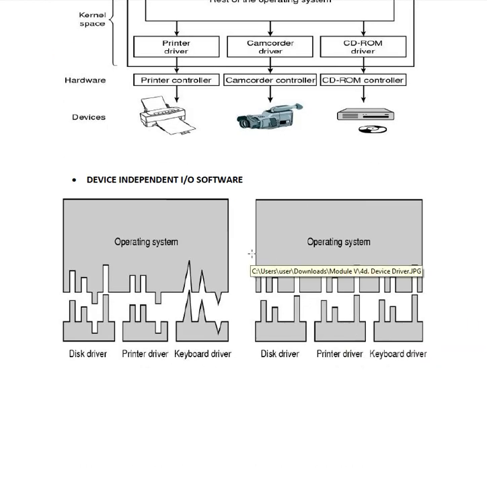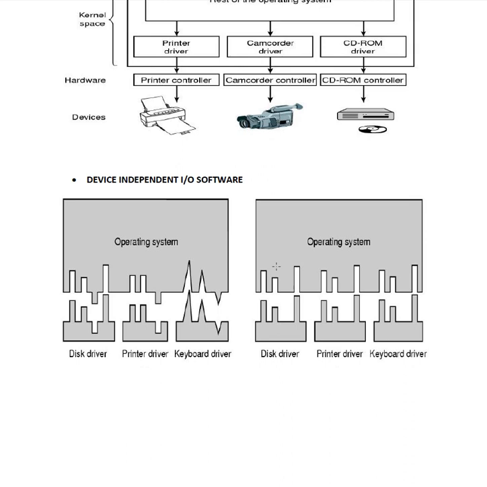Here I am showing another form of information. This is a device driver with the operating system. In this particular case, a disk driver is there, a printer driver is there, a keyboard driver is there. So if the operating system is working without a device driver, it appears like this.